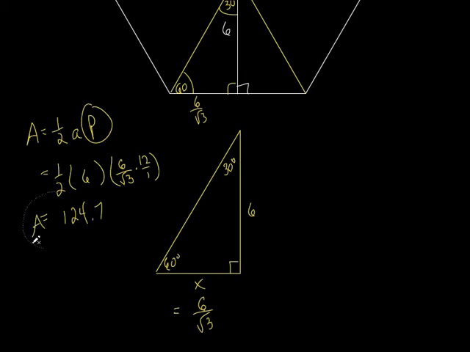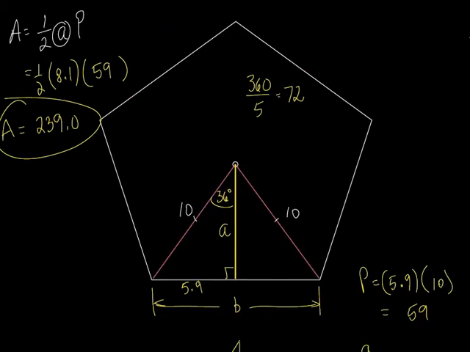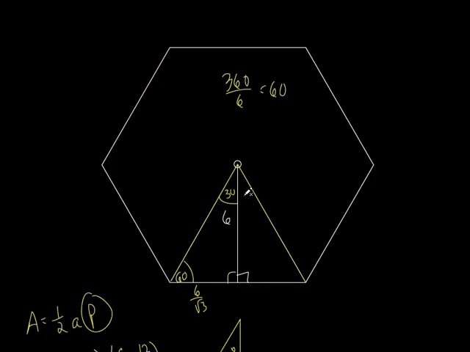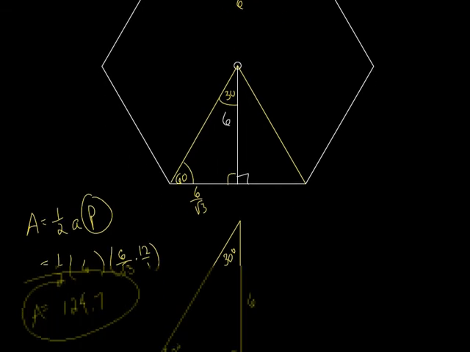That was actually pretty easy, because they told you half of it right there, didn't they? They told you the apothem. You didn't have to figure out the apothem. And the other problem, look, you didn't know the apothem or the perimeter. You had to find them both. In this problem right here, they told you the apothem. So that's half the battle right there. All you had to do is find the perimeter.